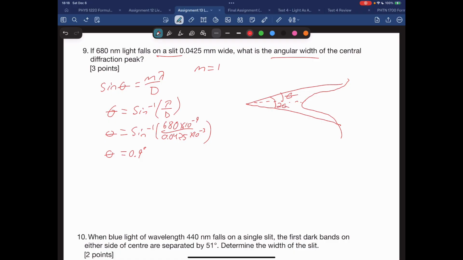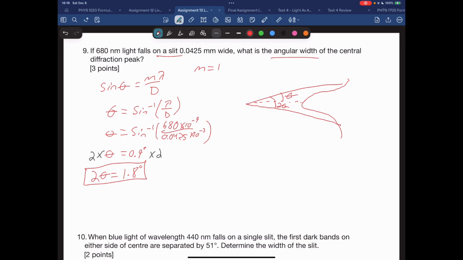So multiply everything by 2, and we get our final answer of 2 theta equals 1.8 degrees. That is the angular width of the central diffraction peak.